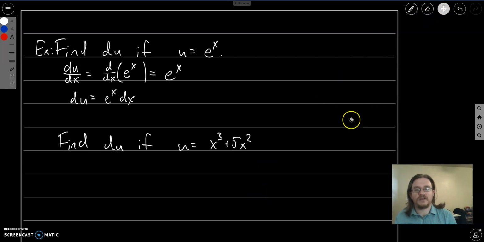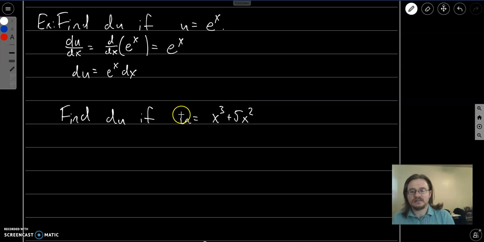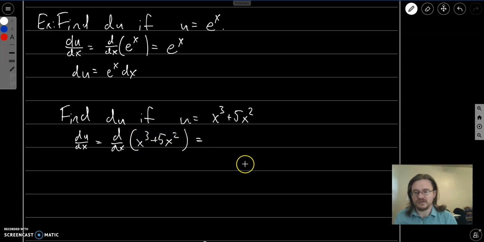And let's do one final example. Let's say u is equal to x cubed plus 5x squared. So then let's find the derivative of u. So du dx is going to be the derivative of x cubed plus 5x squared. And again, we'll just take the derivative of each one of these and add them together.